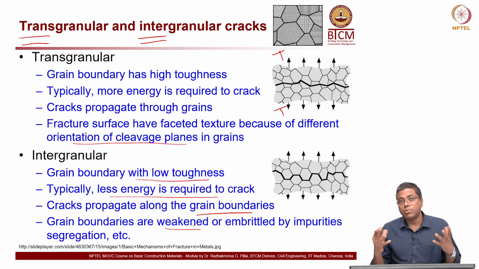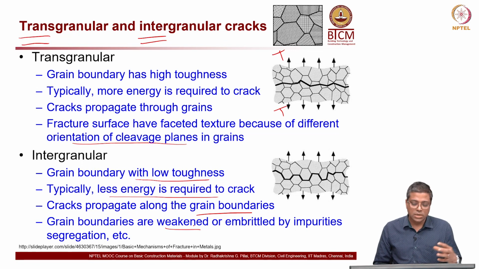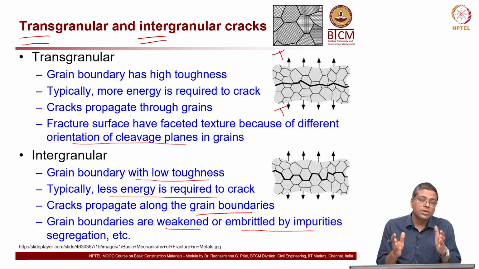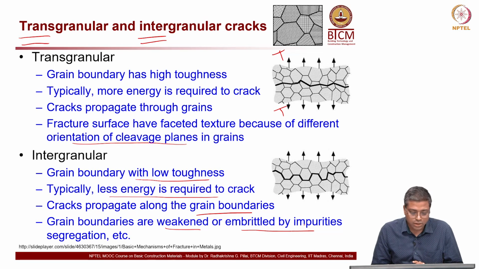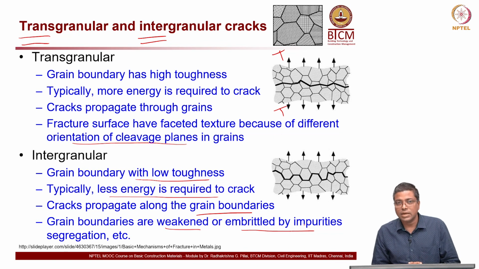So if you are talking about a material system, maybe there are weak grain boundaries through which external materials can penetrate and weaken the whole material system, or it is embrittled by impurities, or even segregation of material towards the crack location, towards the grain boundaries, which makes them relatively weaker than the grains themselves.